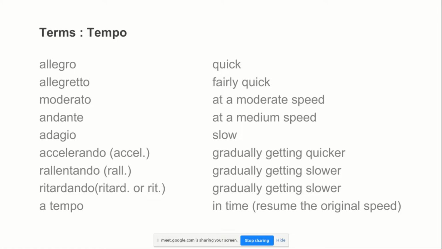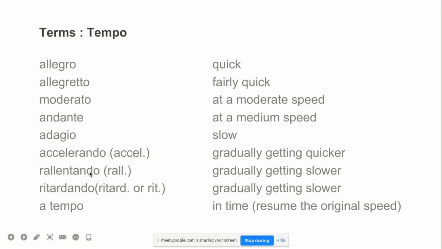Rallentando means gradually getting slower. And it has the same meaning as retardando, which is written in short as retard or rit. So if you see these terms that start with R, RAL or retard or rit, it means gradually getting slower.